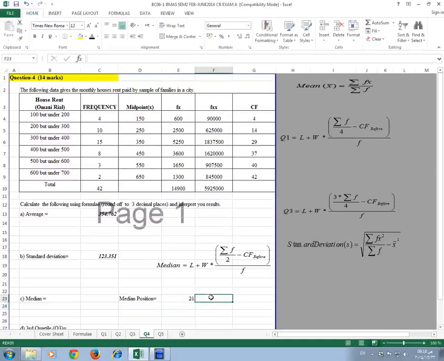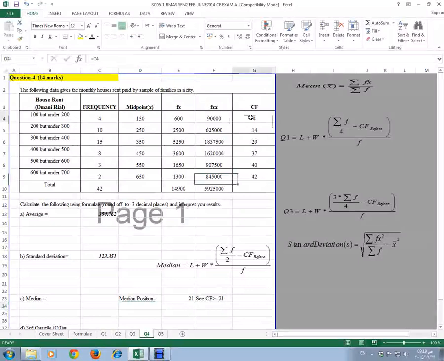And then after that, we write CF greater than or equal to 21. Where is the CF which is greater than 21? These are the CF we have.